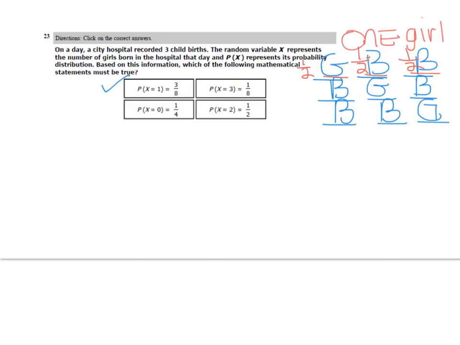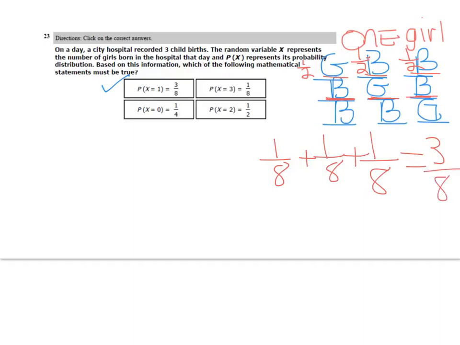Exactly, we get 1/8. However, the next time through, if the first born is a boy that day, and then the second is a girl, and then the last birth is a boy, that will be the probability of having 1 girl as well. That is 1/2, 1/2, 1/2, which is 1/8. So 1/8 plus 1/8 plus 1/8 gives me the probability of 3/8 of having 1 girl.